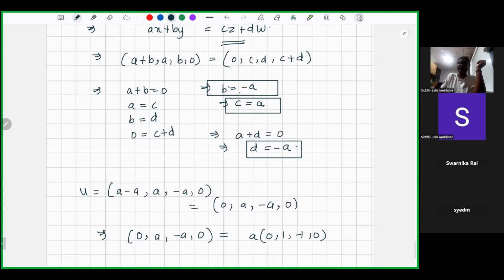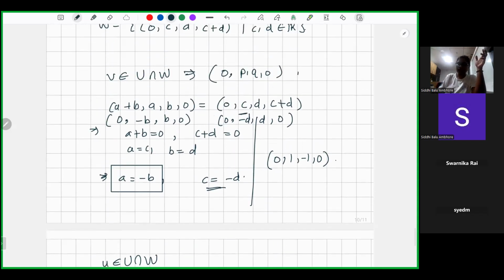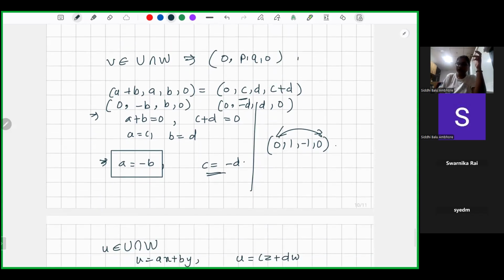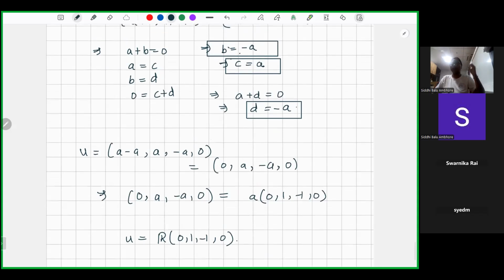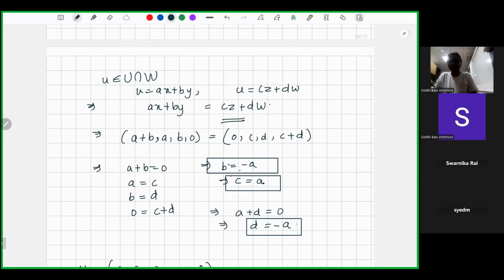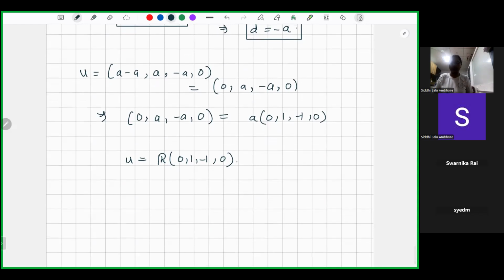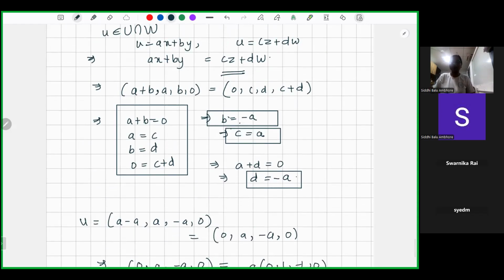The first one, A plus B, became 0, and C plus D also became 0, because C was A and D was minus A. The last two terms, which we anyway got as 0, remained as they are, and then A was minus B and C was minus D. This is the explicit system of equations we calculated in order to get hold of A, B, C, D, and we got that everything is dependent on A, and ultimately we got this expression.